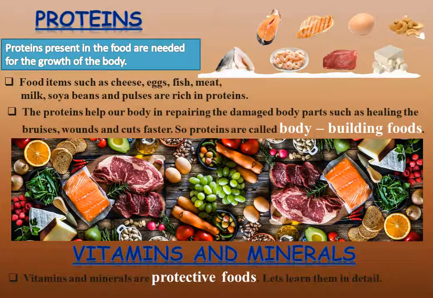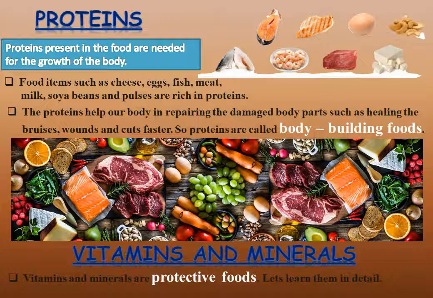Next, let's talk about proteins. Proteins present in the food are needed for the growth of the body. Thus, if you want to grow fast, we should have more protein content food in our diet. We will see what a diet is in the last session. Don't worry, even if the word is not clear for you.